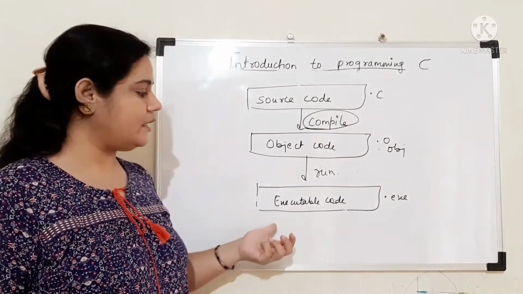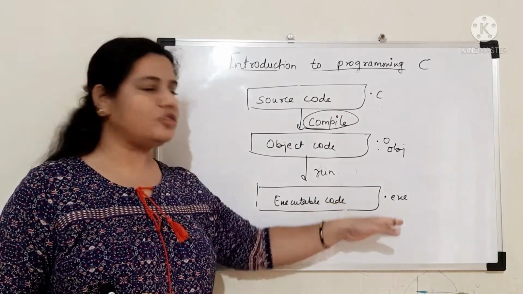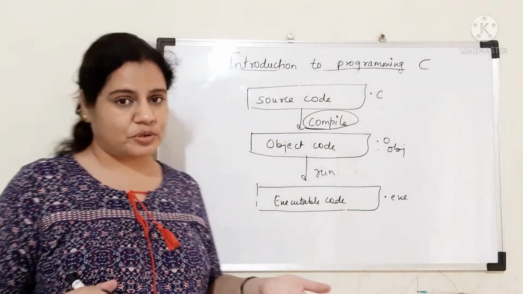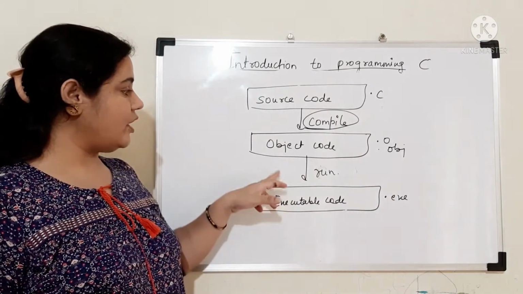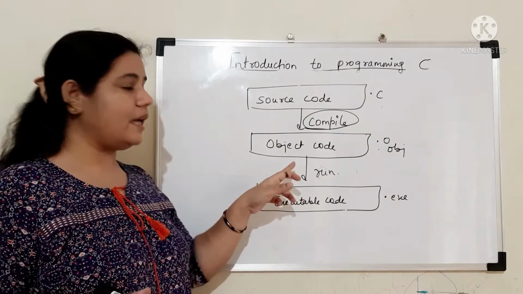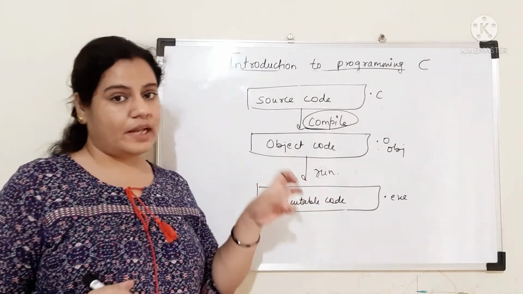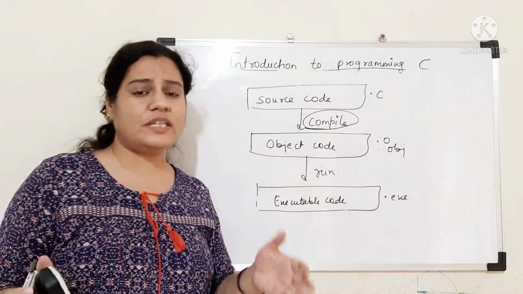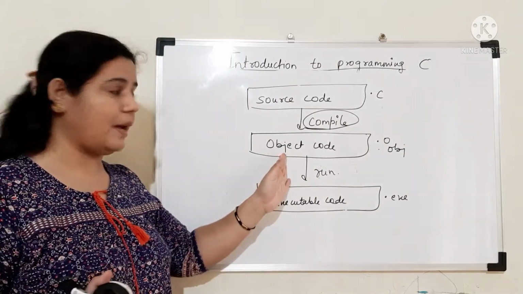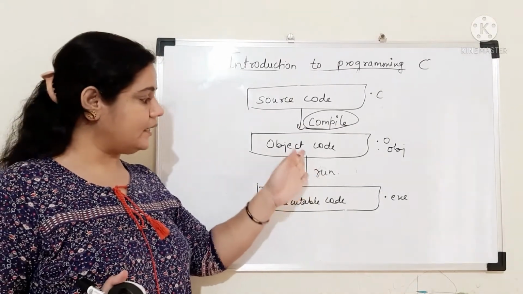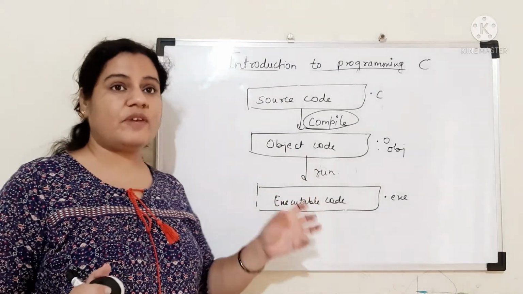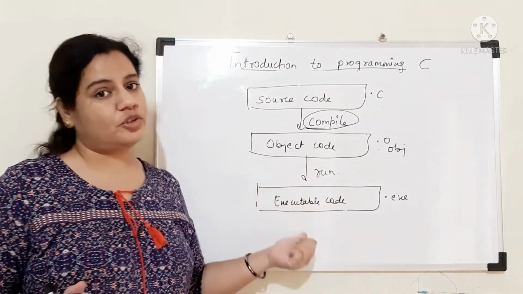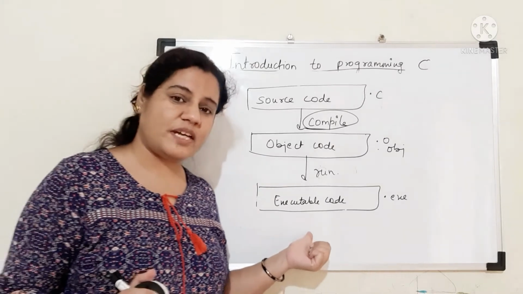Once you create the executable code, you can execute it as many times as you want. When you run the program, the linker links all the library files, header files and functions you use in your program, and then it executes. If some file is not found, it will not execute the program. This is called a runtime error.